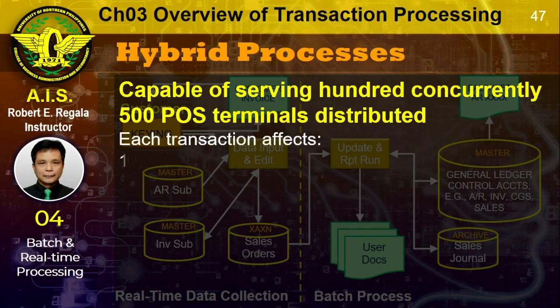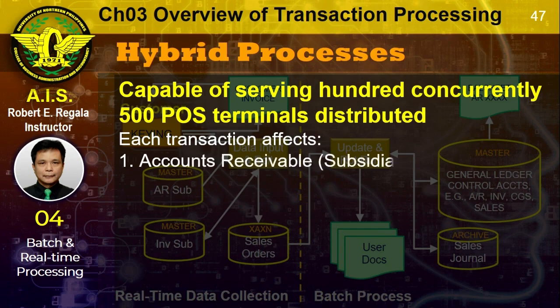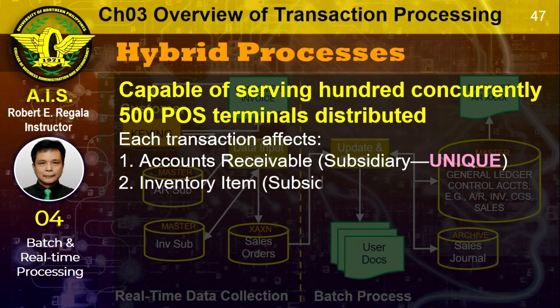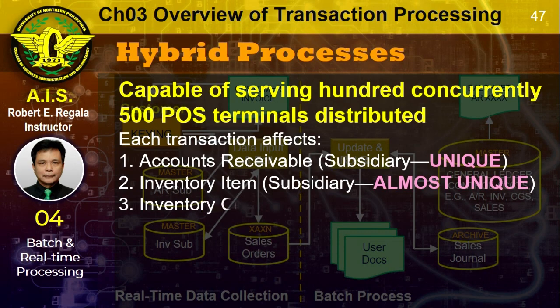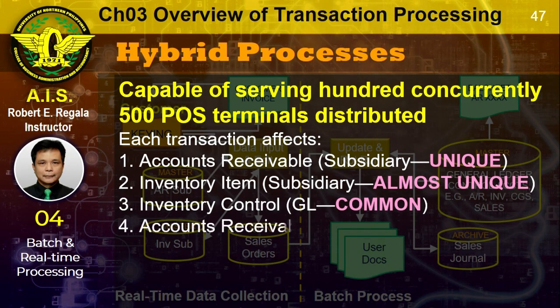One, the customer account receivable, which is a subsidiary master file, which is unique. Two, the inventory subsidiary master file, almost unique. Three, the inventory control, a general ledger master file, which is common to all transactions.